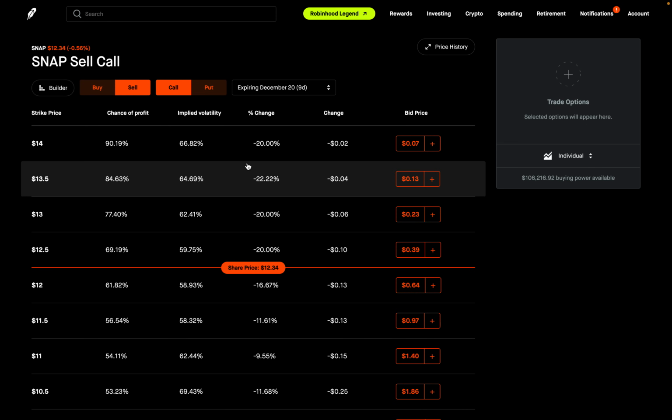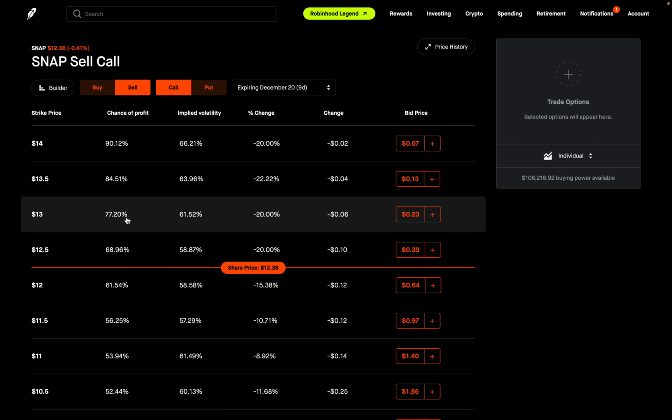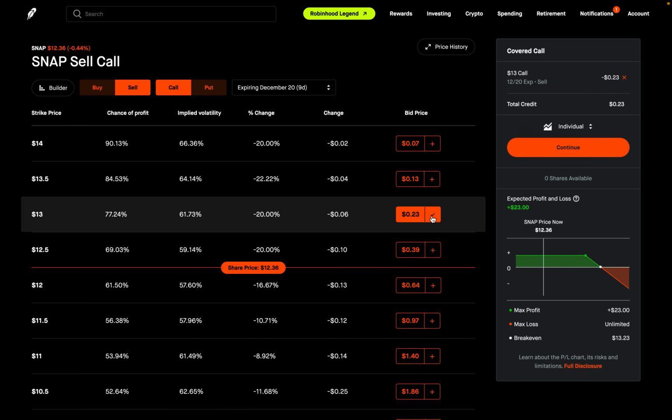And again, usually we would select the call where we would not mind selling our 100 shares. So for the strike, what price would we not mind selling our 100 shares at? So let's say I would not mind selling those shares at $13 a share. So for the call that I'm selling, I would normally select the one at the $13 strike. So I would go ahead and sell this call here.